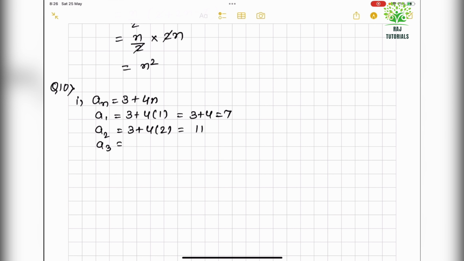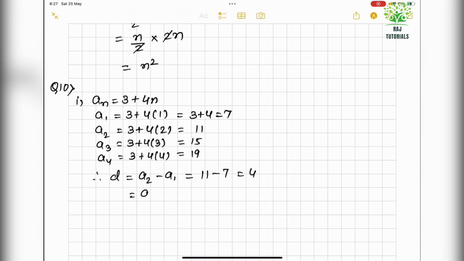A3 will be 3 plus 4 into 3, so that will be 15. A4 will be 3 plus 4 into 4, so 19. So d equals A2 minus A1, that is 11 minus 7, 4. A3 minus A2, that is 15 minus 11, that is 4.